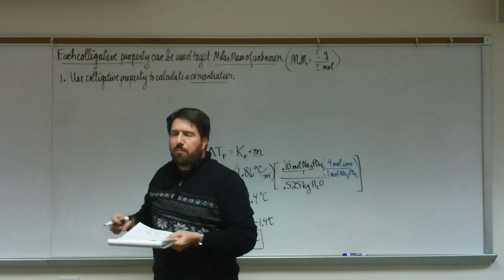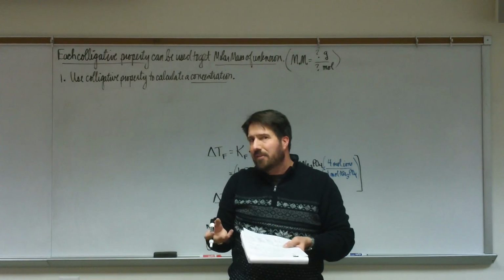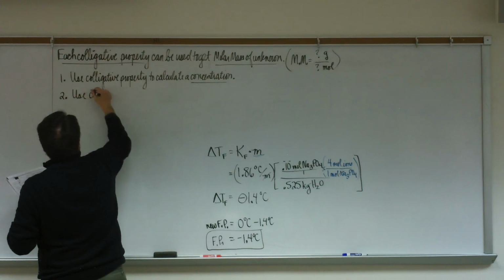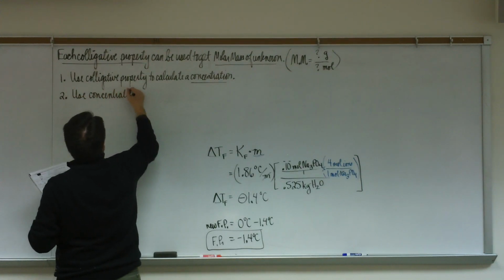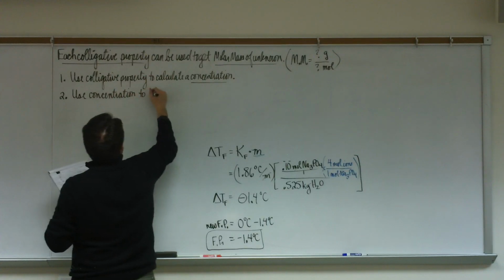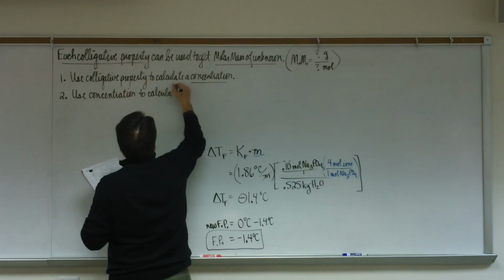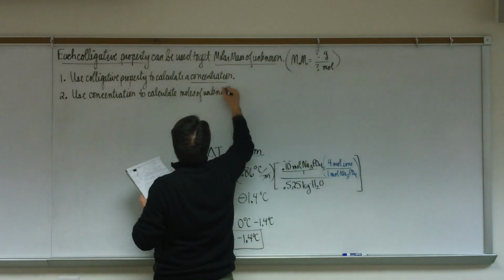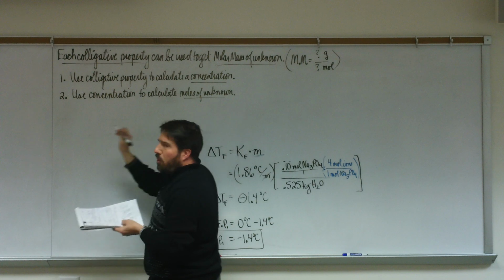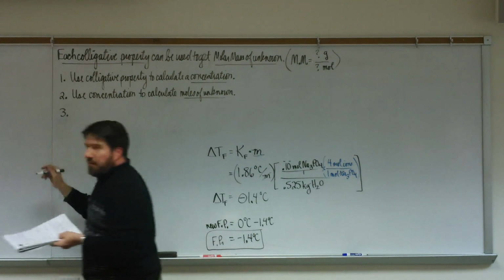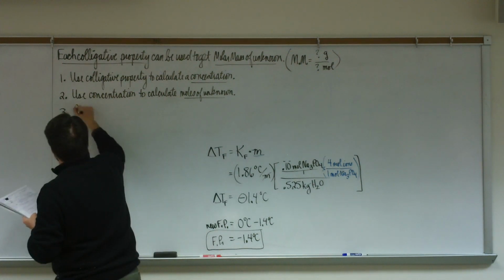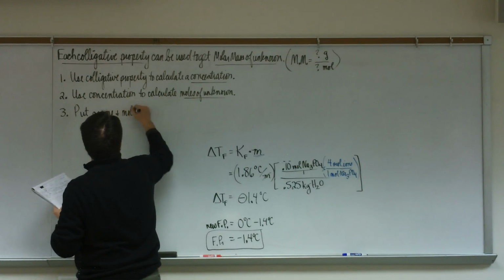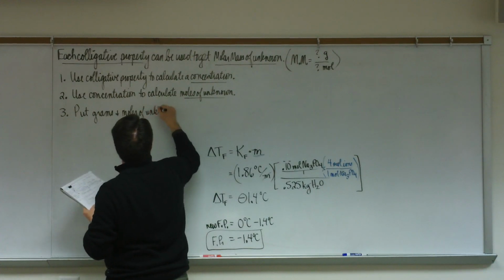Once you have the colligative property concentration that you can get, then number 2, we can use the concentration that we just got to calculate moles of the unknown. Once you calculate moles of unknown, you will find that you have everything that you need because you can put the grams and moles of the unknown together.